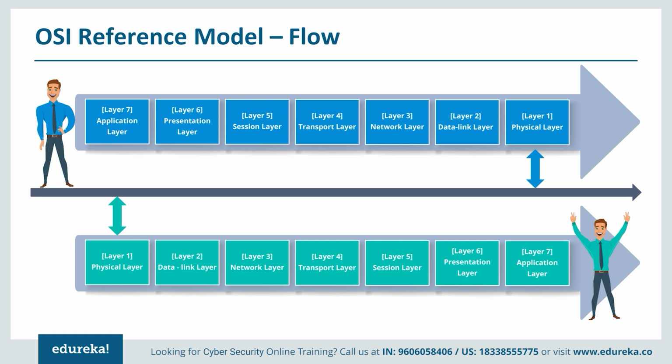For example, if the green person wants to send information, the same hello message will move from the application layer, presentation layer, down to the physical layer, and it will be passed on to the other person's computer over the physical layer, data link layer, and moves up and reaches the blue person. Even if it's multiple people, multiple devices communicating, any number of devices needs to follow the same layers from layer 1 to layer 7 or in the reverse order, layer 7 to layer 1.